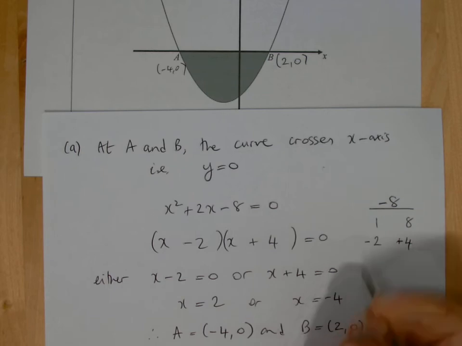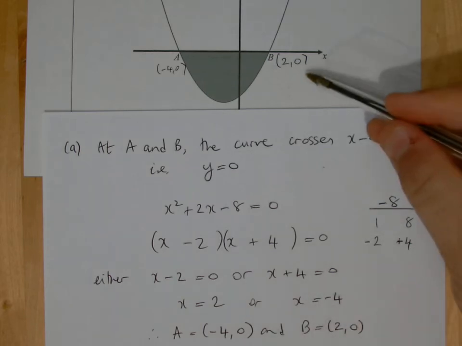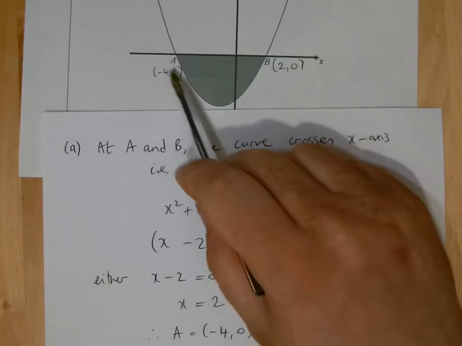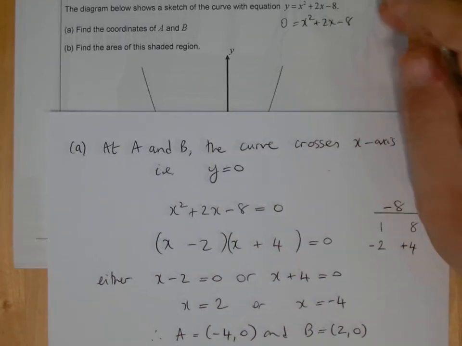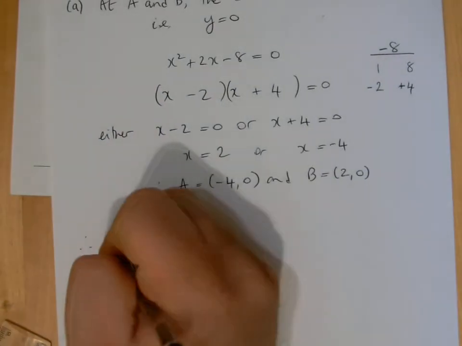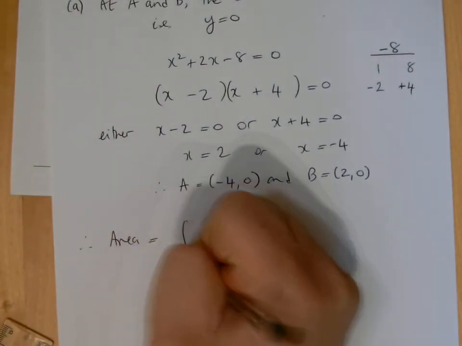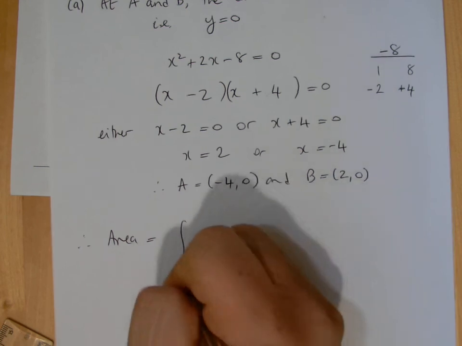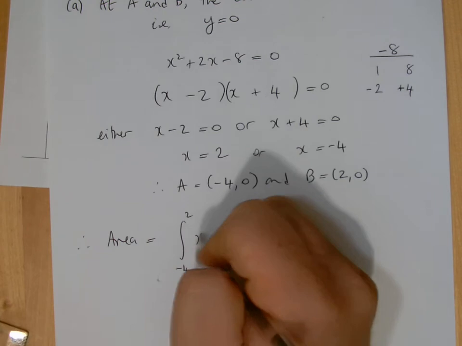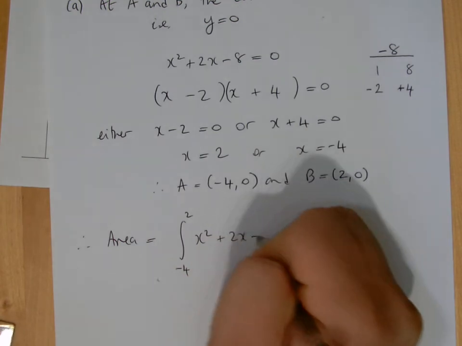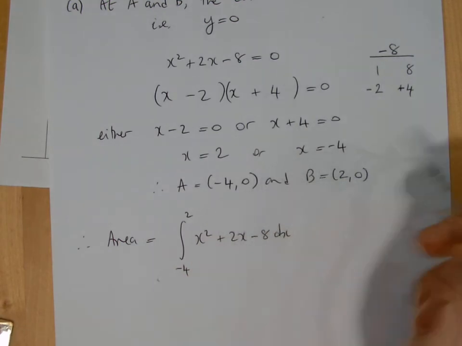What's good about that is we've got limits, because it goes from minus 4 to 2, and we can now integrate this curve to get the area. So the area is equal to the integral, the lower limit is minus 4, the upper limit is 2, of x squared plus 2x minus 8 with respect to x.